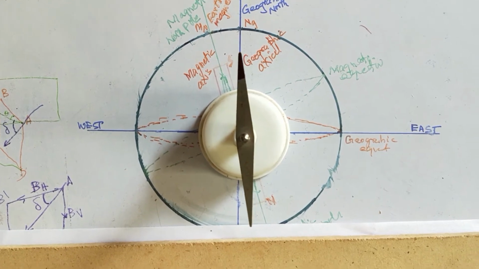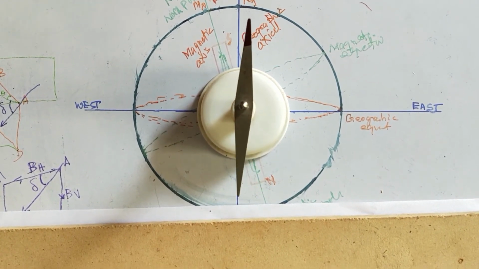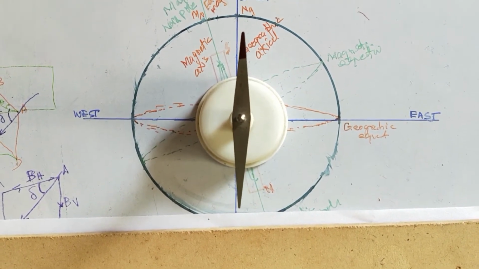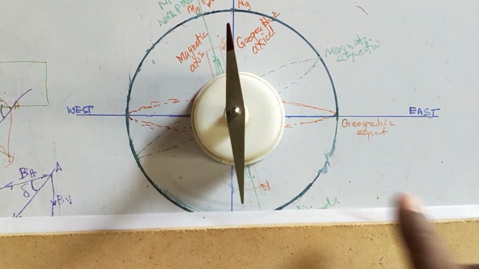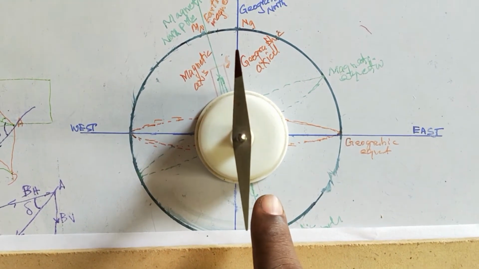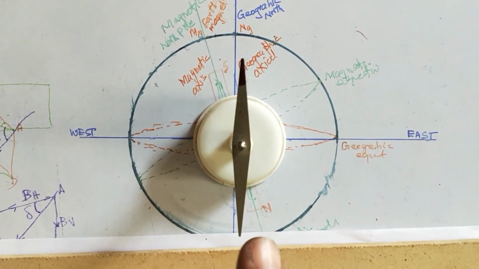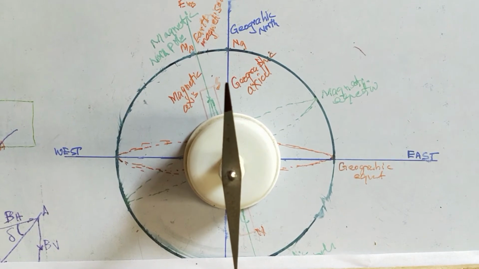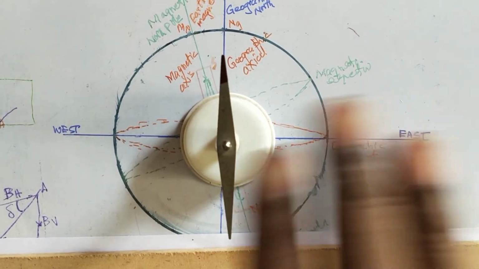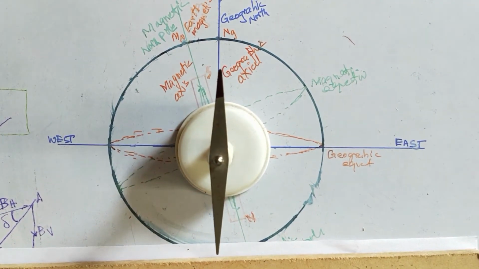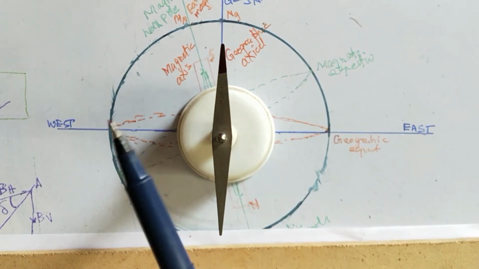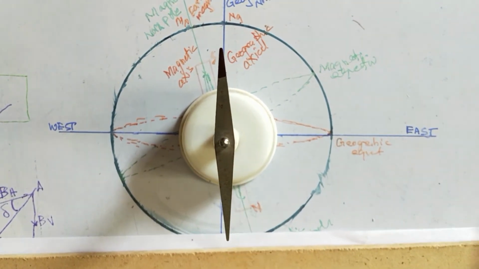Now, to have a better understanding of what magnetic dip is, I will do a small activity here. I have placed a board and a magnetic compass on the board, and the magnetic compass is in a mean position. In the horizontal direction, the magnetic compass has oscillated to and fro and has come to rest.